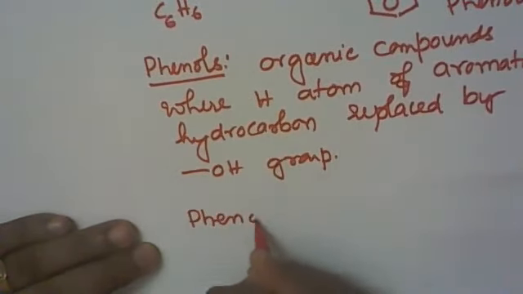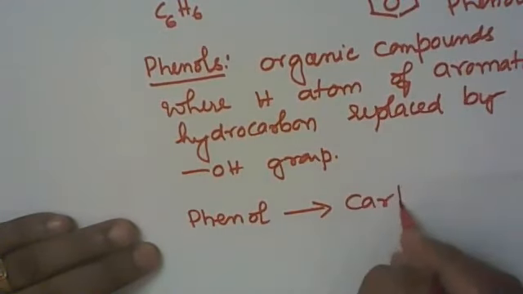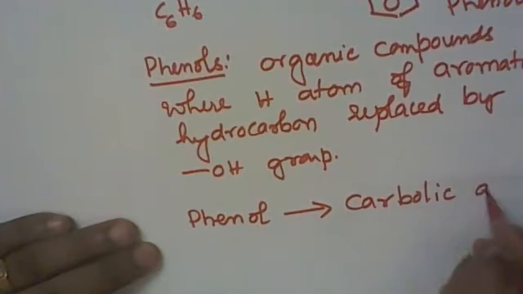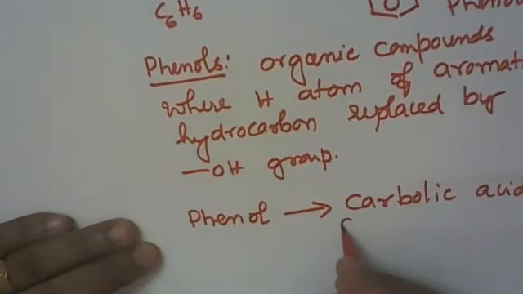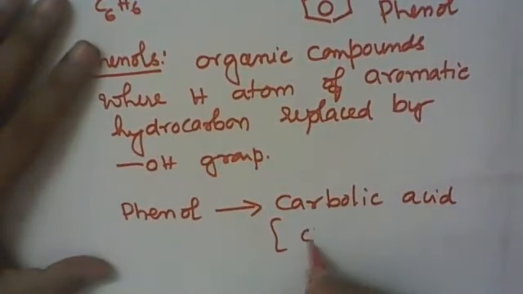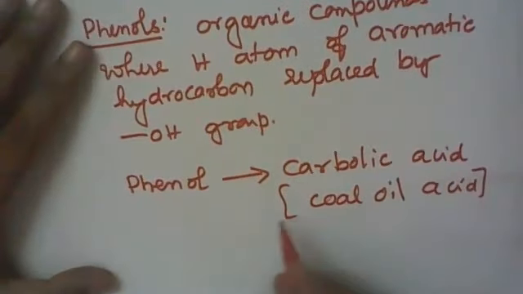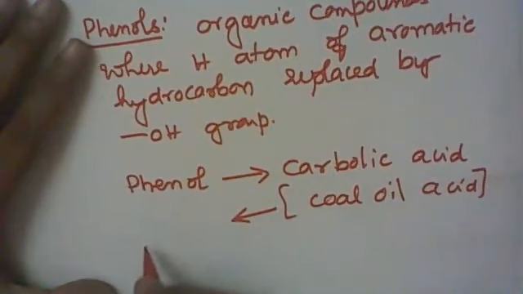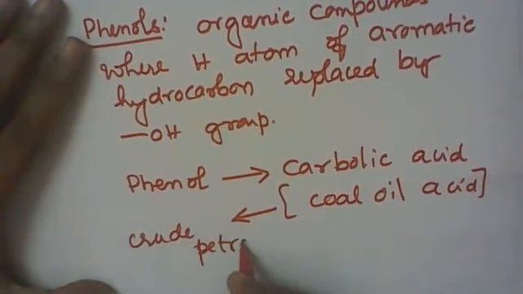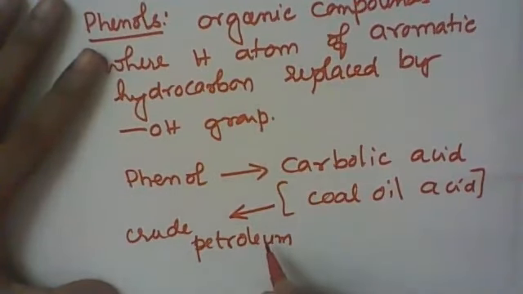Okay. Now, what is the other name for phenol? Phenol is also known as carbolic acid. What does carbolic acid mean? Carbolic acid means coal oil acid, which means it can be manufactured from crude petroleum.